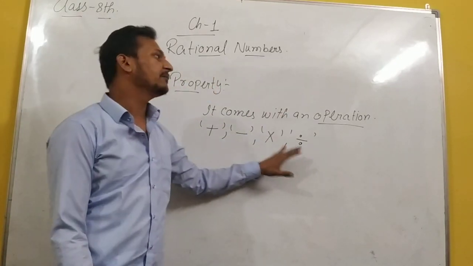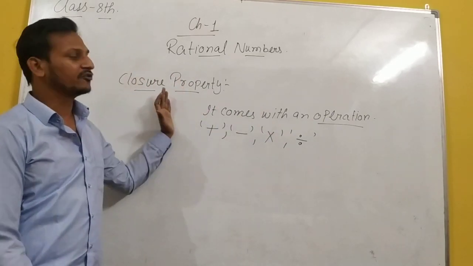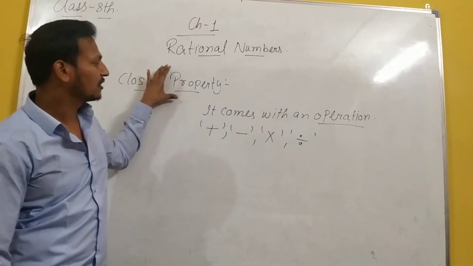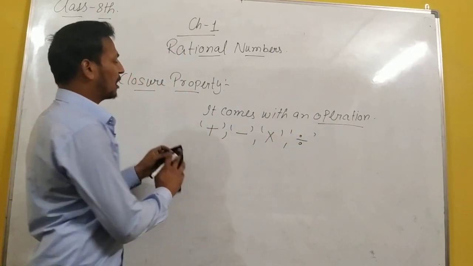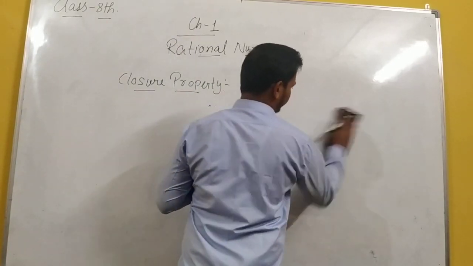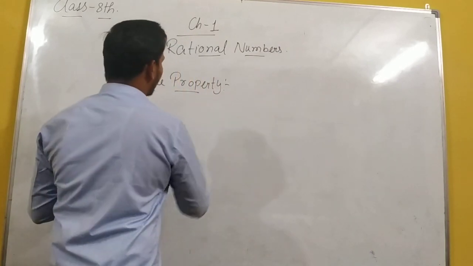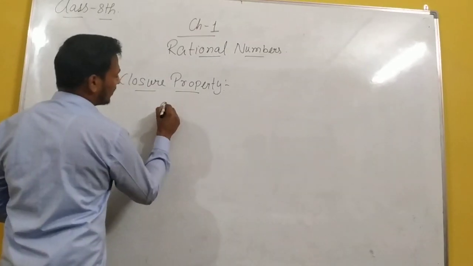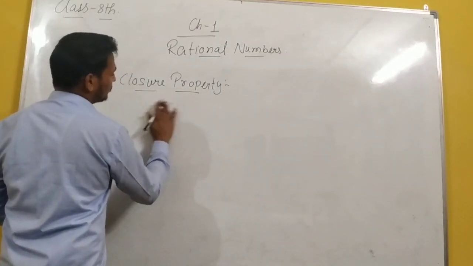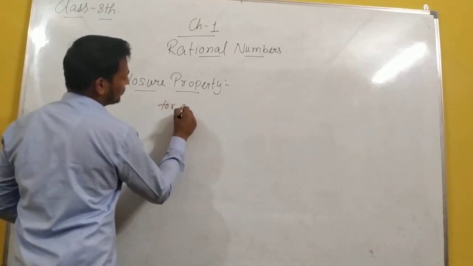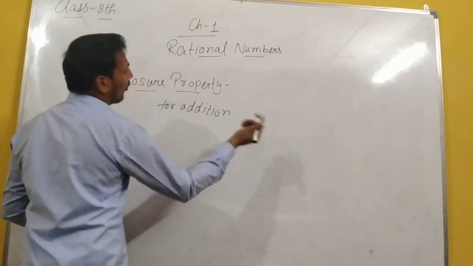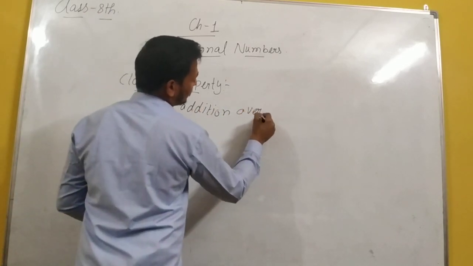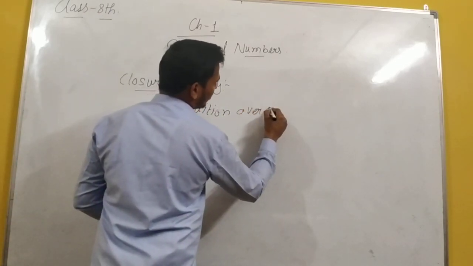We cannot say simply what closure property is; with closure property there is a need of an operation. So let's talk about the addition operation. Our topic will be closure property for addition over natural numbers.